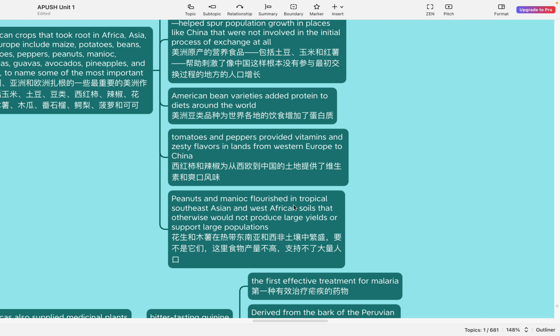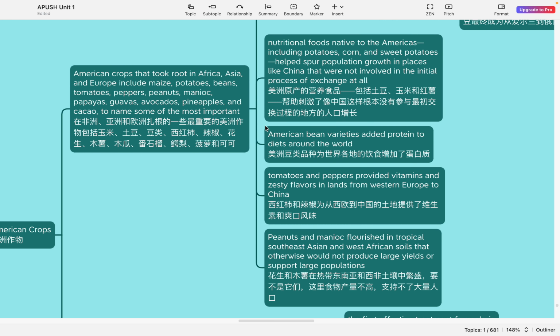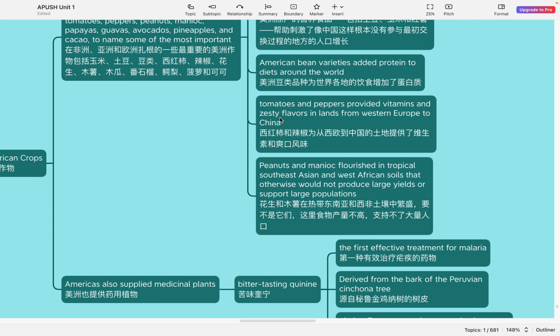Additionally, juicy tomatoes, flavorful peppers, fragrant papaya, and sweet pineapples enriched Eurasian diets with colors and fresh tastes.